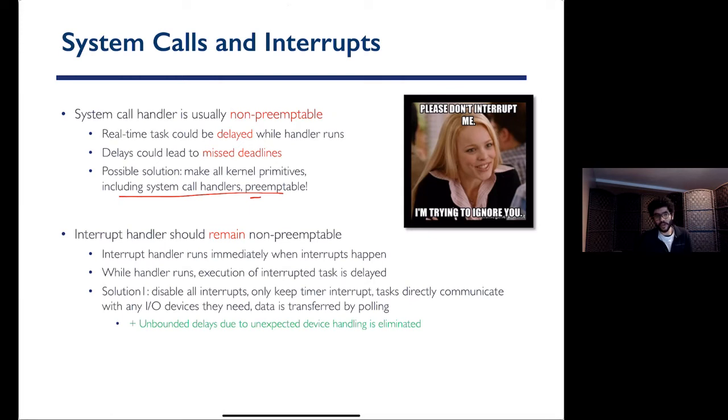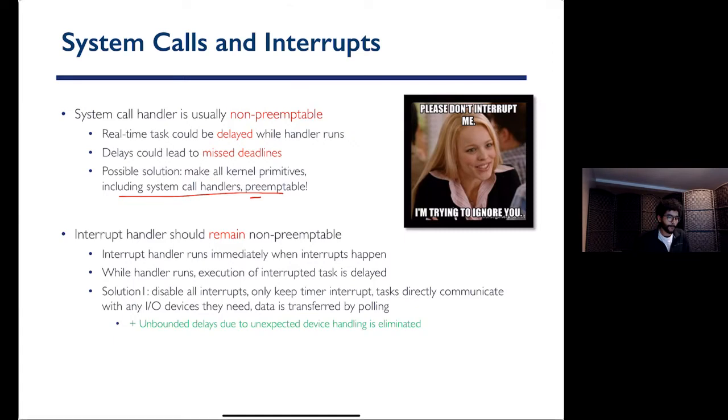For certain interrupts, you really don't want your interrupts to be interrupted, right? For system call, you might want to do that. Like if you're opening a file, you could wait. You can interrupt it and then open a file. But for certain interrupt handling, you might not want to get interrupted.